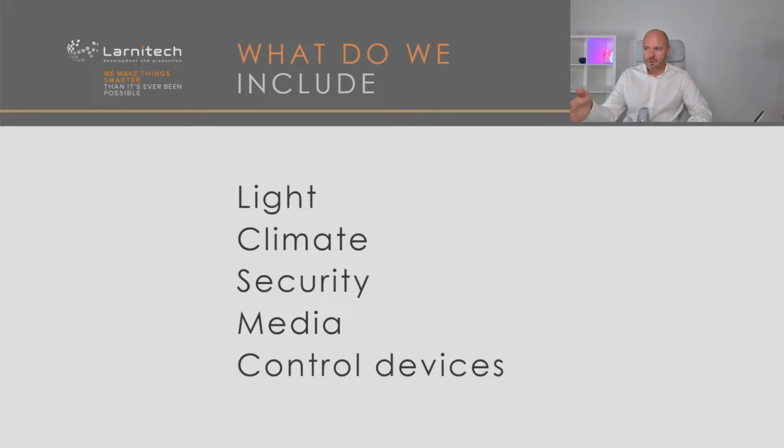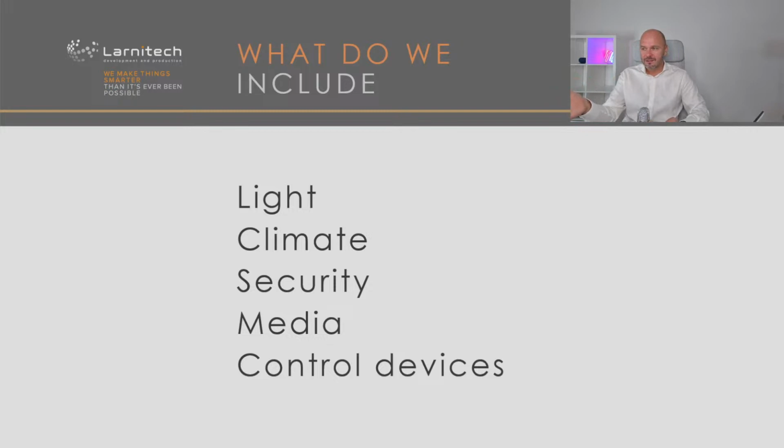You go through this cycle: for every room you get light, what is the light control in this room, and then climate, what is the AC control in this room, maybe something else like ventilation and humidity, and then security, what do we control, windows, doors, motion sensors, presence sensors, and then media, what kind of music do we have, what kind of televisions do we control or not, what kind of HDMI signal do we get from one place to another. And then how do we control all these control devices?